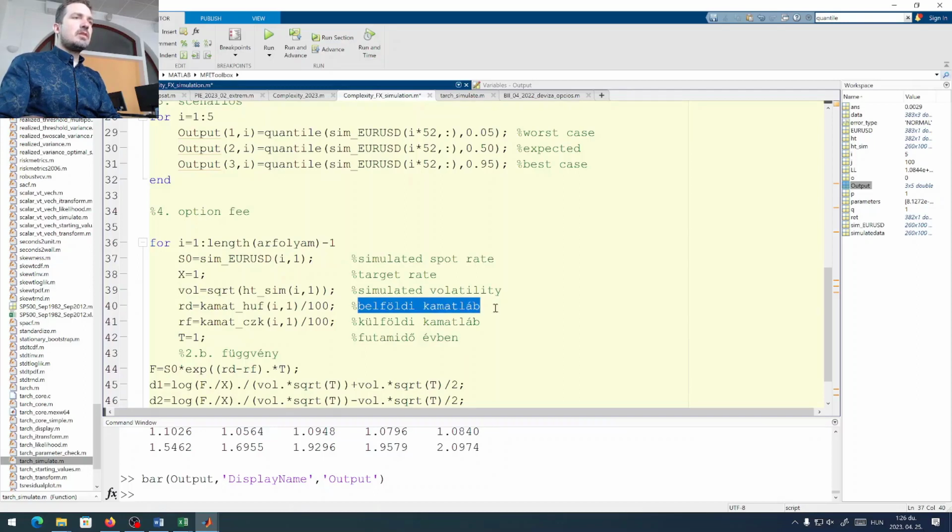Oh, geez. Yeah, we need the domestic interest rate. Oh. And we need a foreign interest rate. So this is the US dollar interest rate, this is the euro interest rate, and years until expiry, and this is the function.